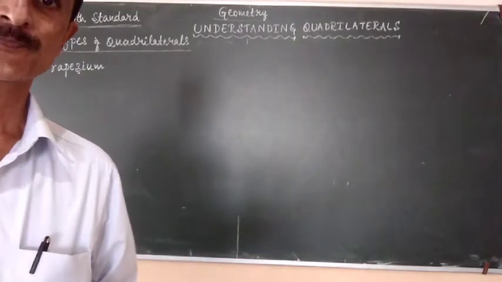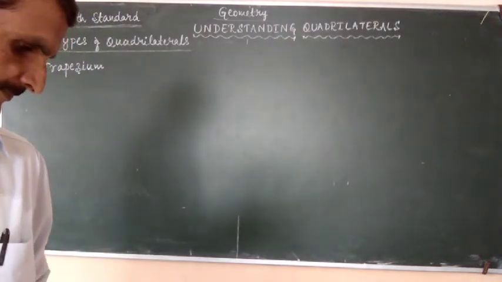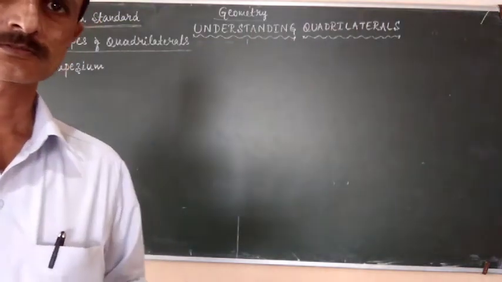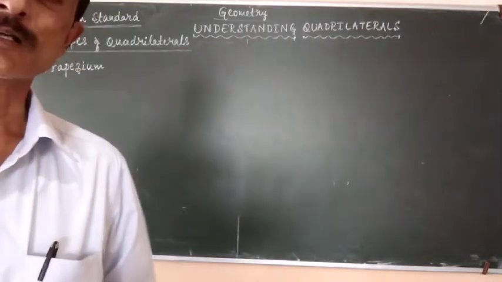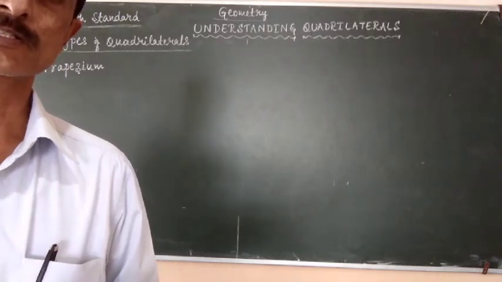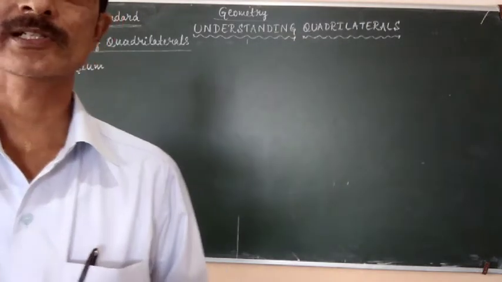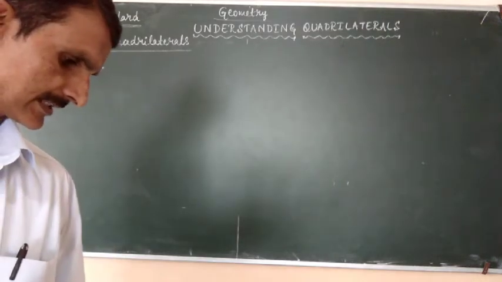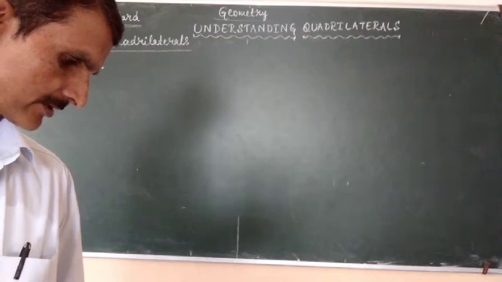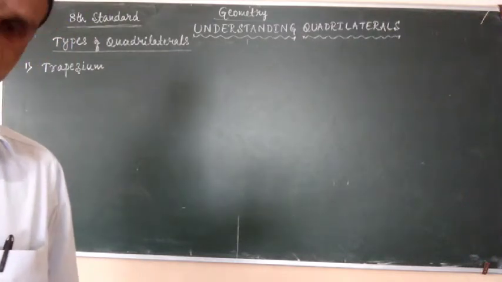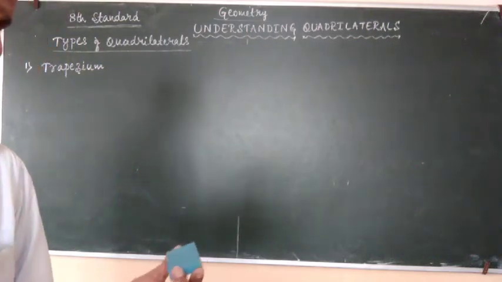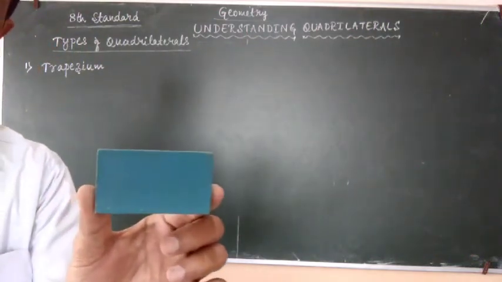Now students, I will show some solids. By seeing them you have to recall your previous knowledge. Now come on, tell me the different types of quadrilaterals which you have studied in the previous classes. Observe this solid.